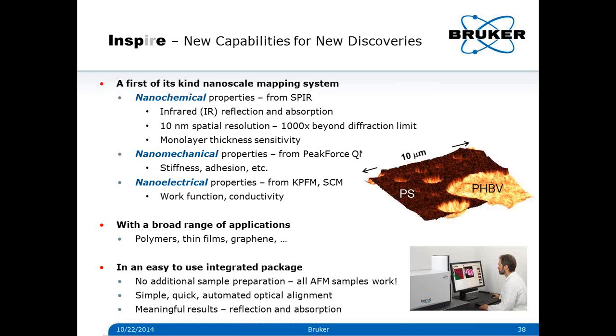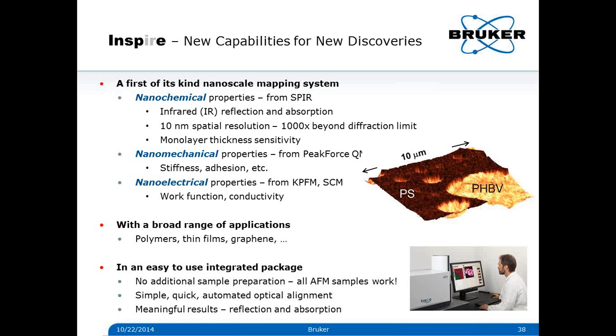And another related question on the KPFM measurements: did you really do the KPFM and the SNOM at the same time? And don't you need to null the oscillation for KPFM? How can that be done? Yeah, you get all the information not at the same time.